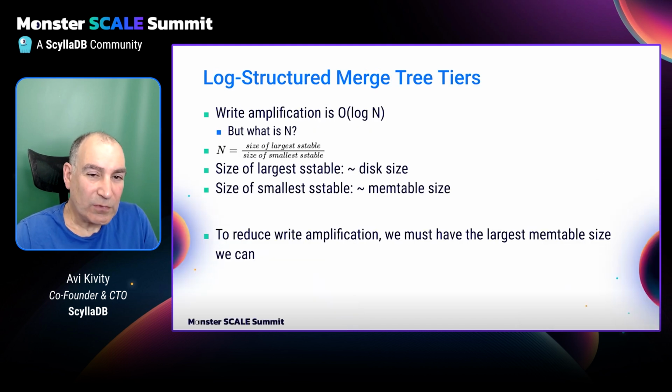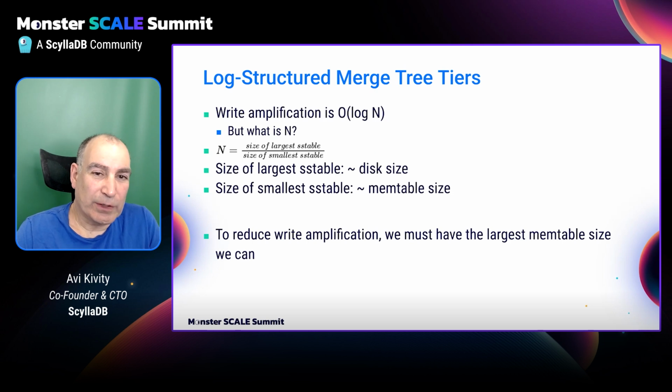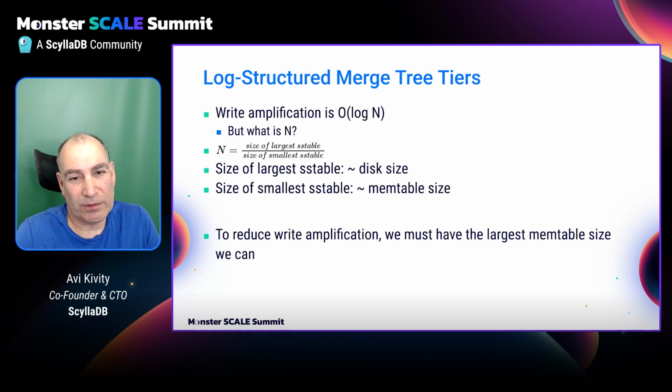So let's look at the log-structured merge trees. I'll have to say that this is an oversimplification. Reality is a little bit more complicated, but the conclusions still hold. So write amplification in a log-structured merge tree is O(log n). There's no big surprise here because all of those algorithms always turn out to be O(log n).